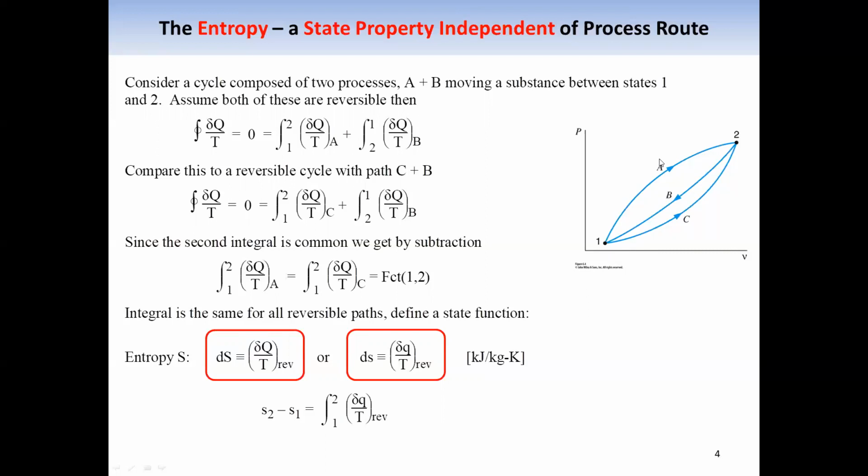One is A and B. The other cyclic process is from 1 through C to 2, then returns along the same segment. So these two integrals are represented in these two lines, the first segment and the second segment.